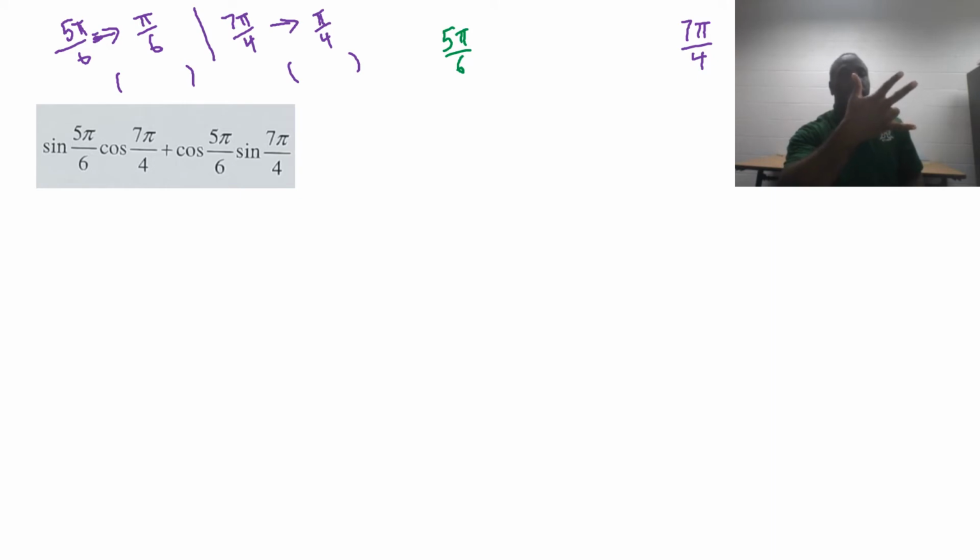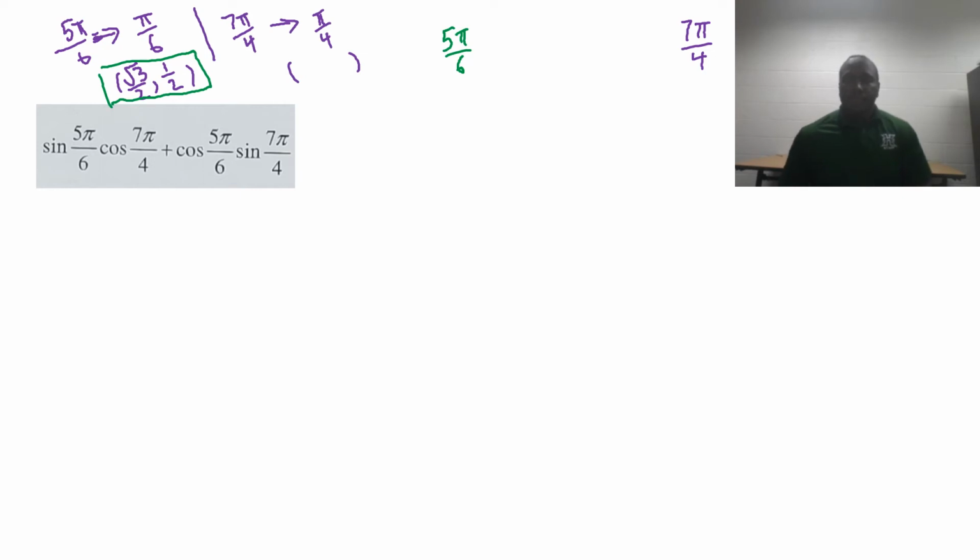So we're going to put square root of 3 over 2, and then 1/2. That's what we have for pi over 6.